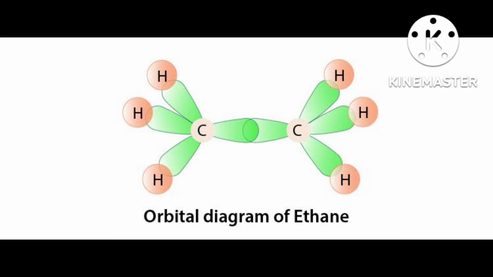Now I am going to discuss sp2 hybridization in the C2H6 molecule, that is ethane. Last class I discussed hybridization in methane, H2O, NH3, like these molecules.